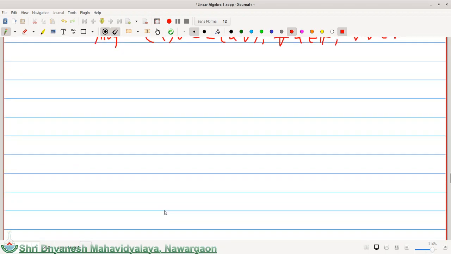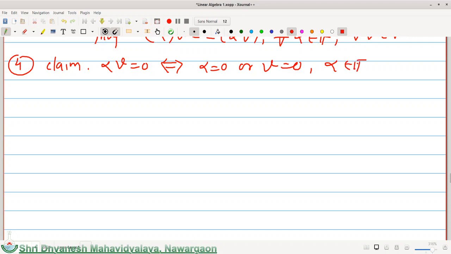so next, number 4, claim: alpha into v is equal to 0 if and only if alpha is equal to 0 or v is equal to 0, where alpha is from F and v from the vector space V. Okay, so let alpha belongs to F and v belongs to V. So here we have to prove this equation if and only if alpha is equal to 0 or v is equal to 0.